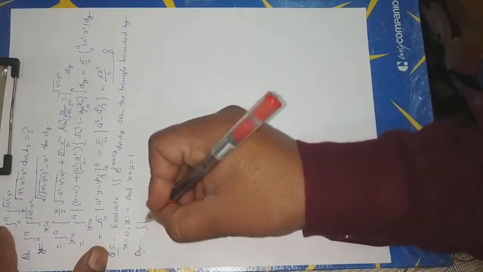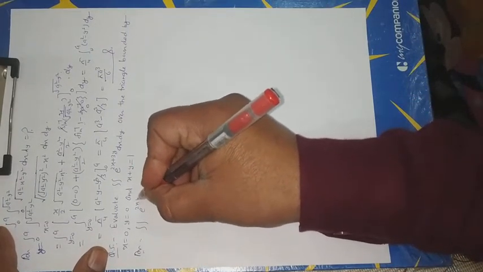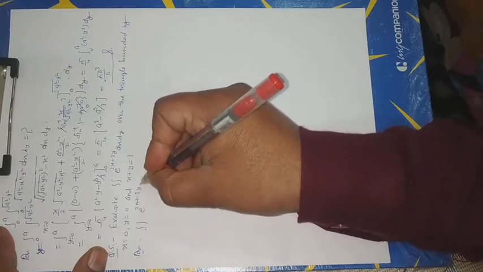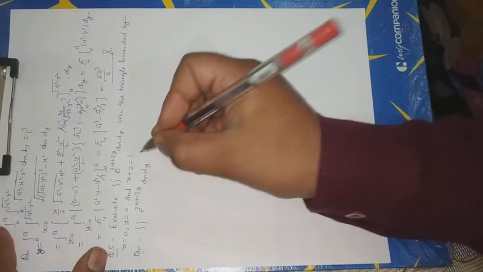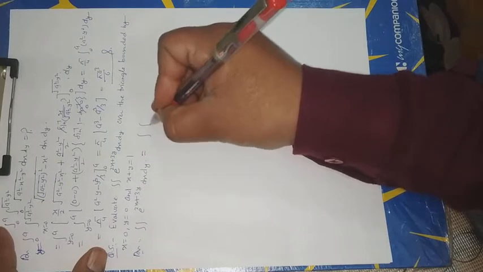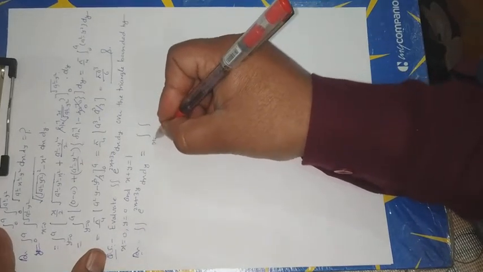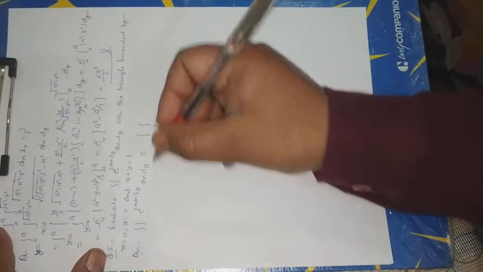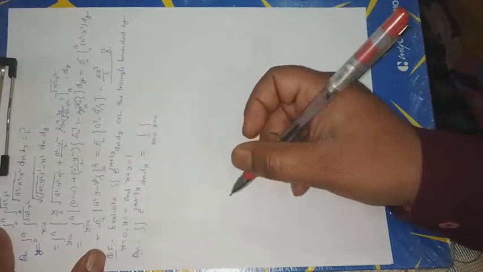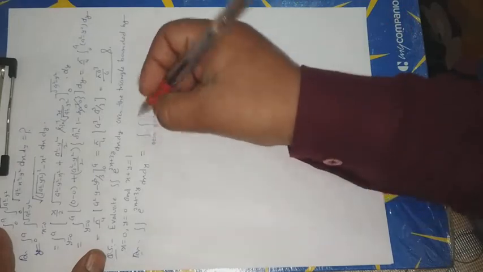Now this is equal to the double integration e to the power 2x plus 3y dx dy. Both lower limits, x equal to 0 and y equal to 0, are 0.